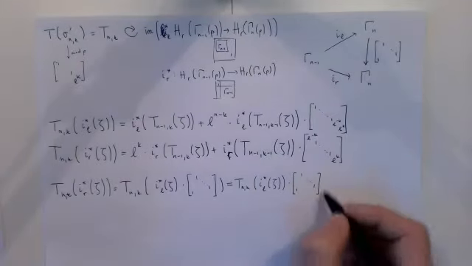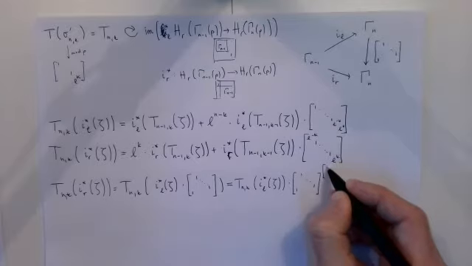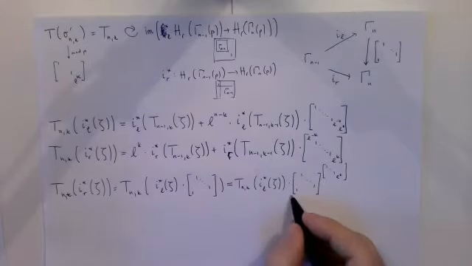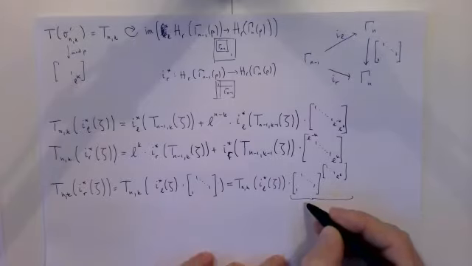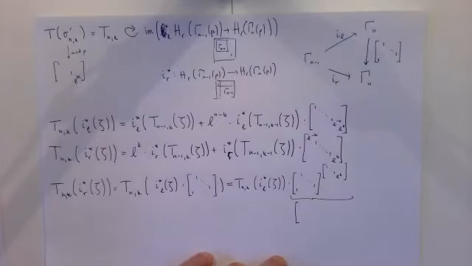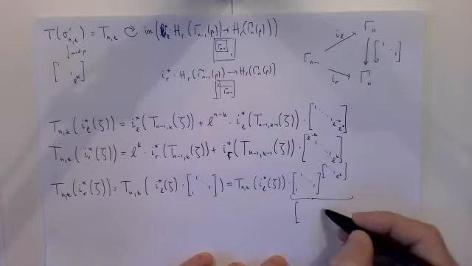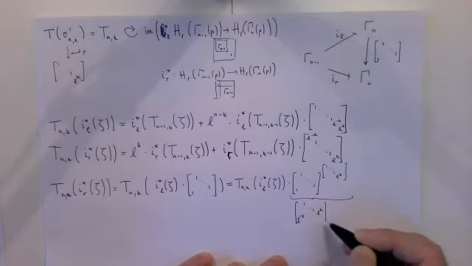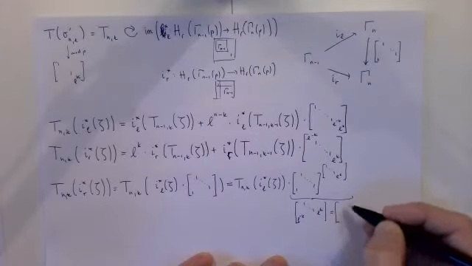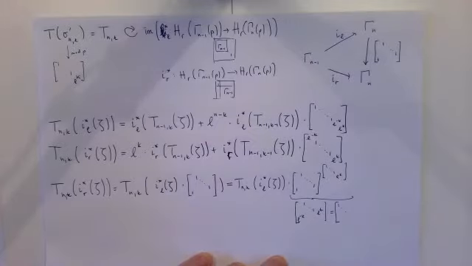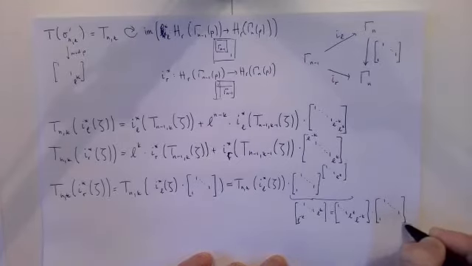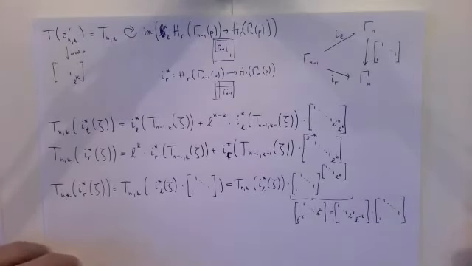Or rather, I have to conjugate this matrix with 1 through L to the k, which then gives me that this is, I believe, 1 through L to the k here, and L to the negative k here, which is the same as 1 through L to the k, L to the negative k, times the original permutation matrix. Okay.